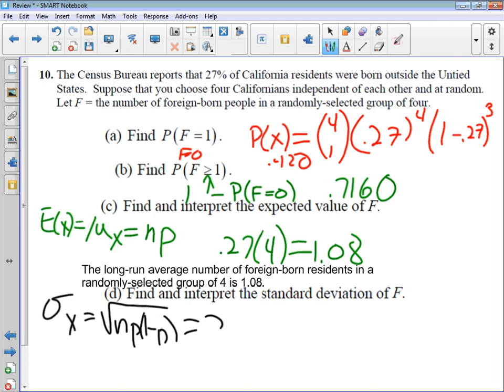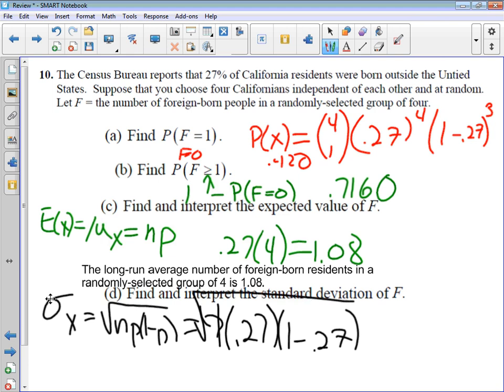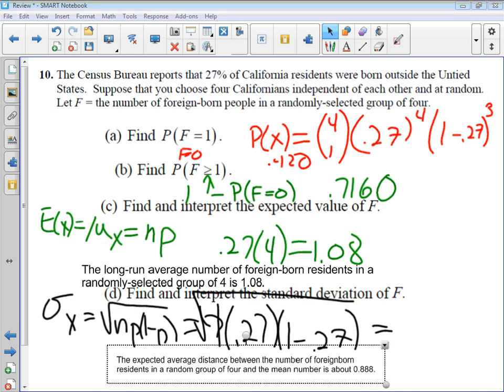And so that's going to be 4 times 0.27 times 1 minus 0.27, and we're going to take the square root of all of that, and I would get a value of 0.888. And so the expected average distance between the number of foreign-born residents in a random group of 4 and the mean number is about 0.888.